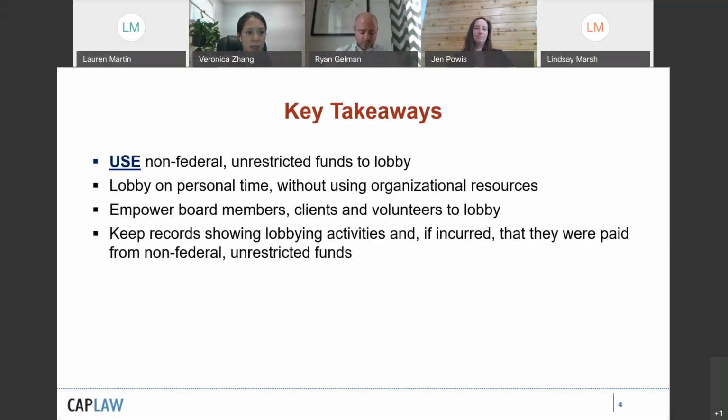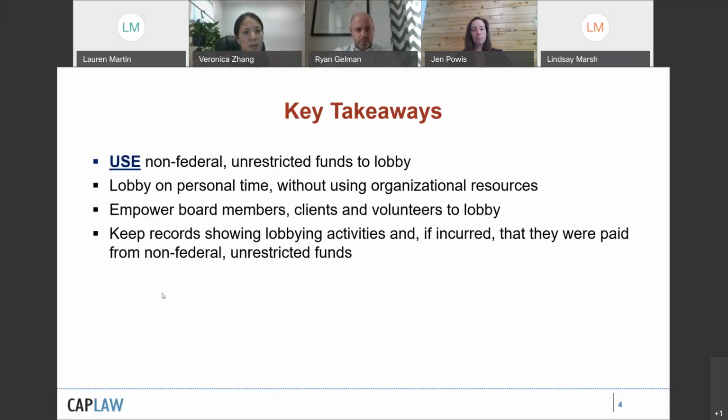Individuals have the right to speak up for the issues that they care about. And lobbying on personal time, even if you're an exempt employee, which means if you're a salaried employee, you might think, well, I don't have any time off the clock. But we would say that exempt employees as well can make it clear that they are not speaking on behalf of their organization and that they're lobbying on a particular issue or legislation in their individual capacity.